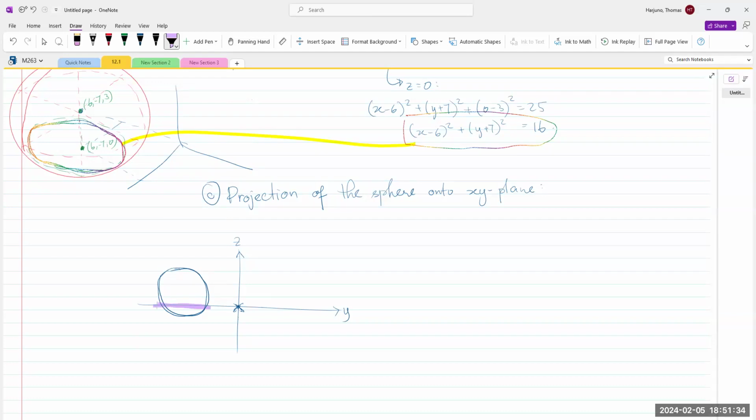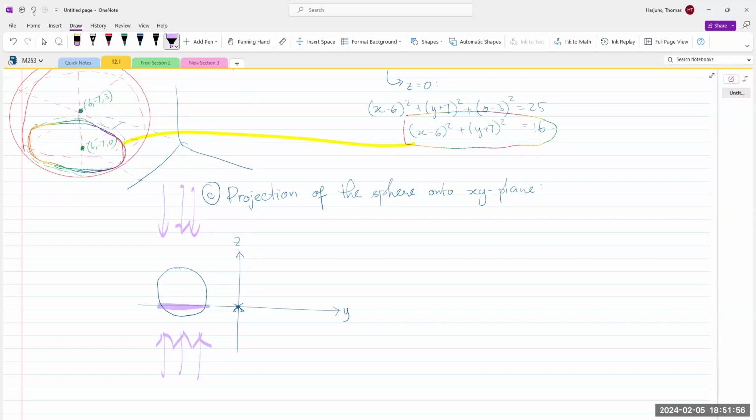What we mean by projection is, imagine you turn on a flashlight from the top and from the bottom of this sphere. What will the shadow of this sphere look like?